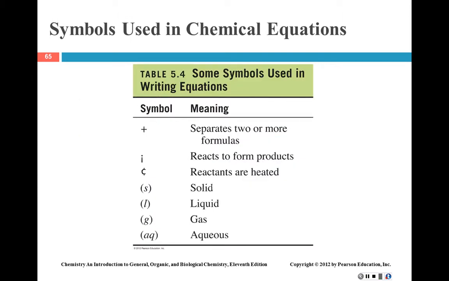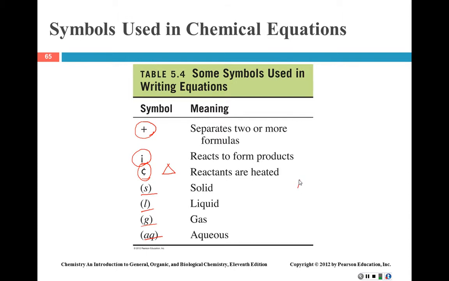So the plus is what you separate the formulas with. The arrow reacts to form products. This little symbol here is if you heat them. We also use a delta. Solid, liquid, gas, and aqueous are shown in parentheses. That just shows what form it's in.